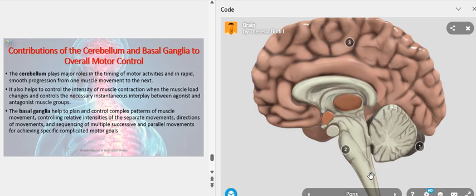The portion of the brainstem that is closely related to the cerebellum is actually the pons. Just below the pons you expect the medulla, and above the pons we expect the mesencephalon or the midbrain.